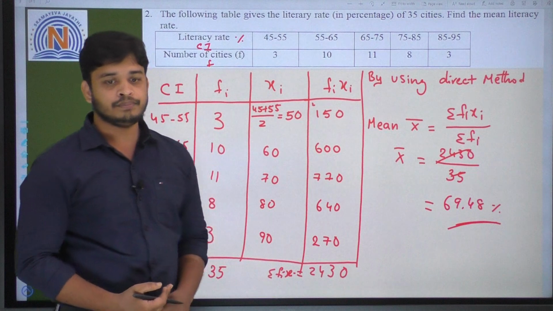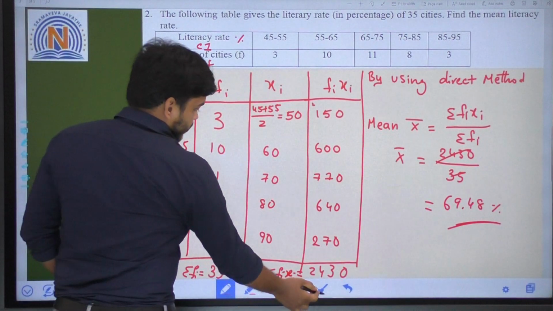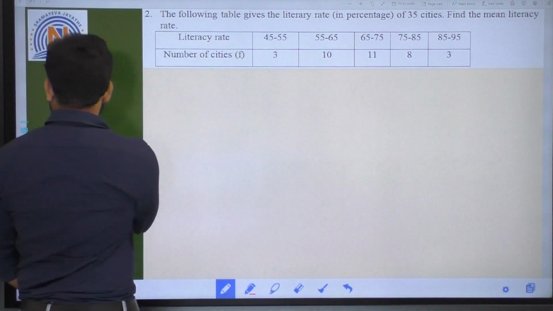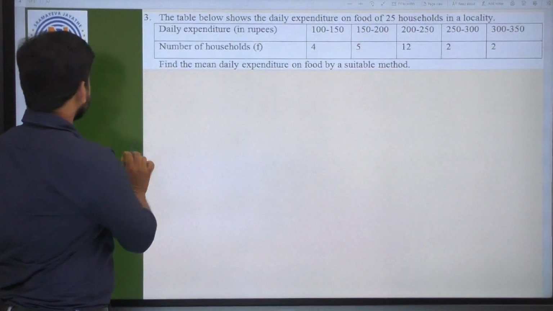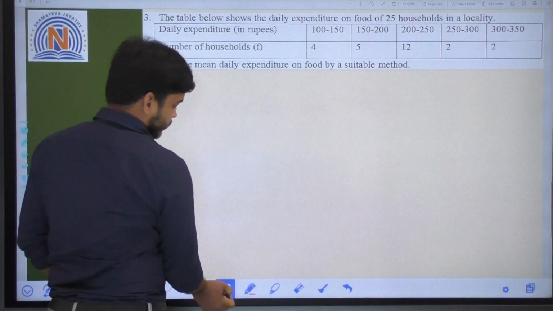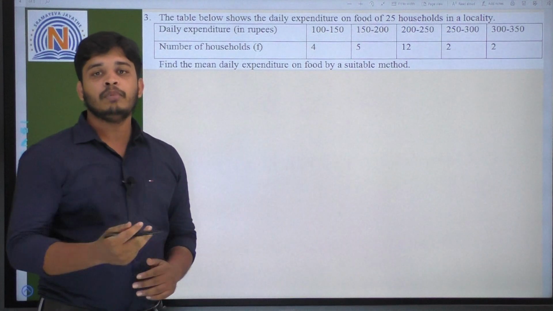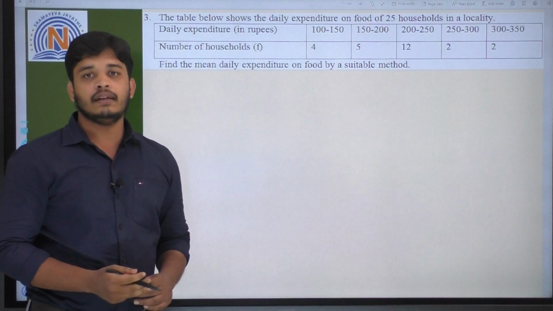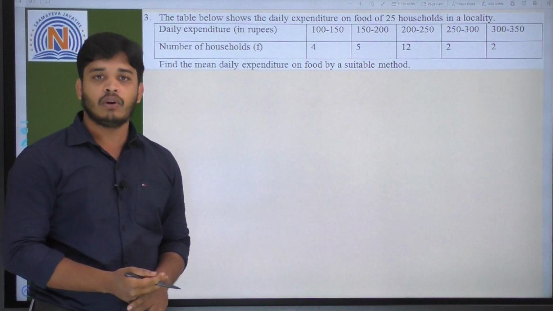Now the next problem. The table below shows the daily expenditures on food of 25 householders in a locality.